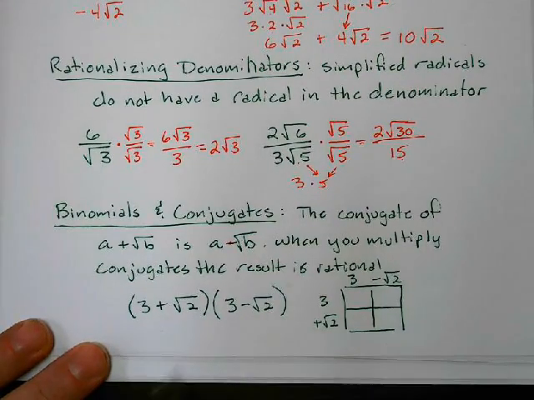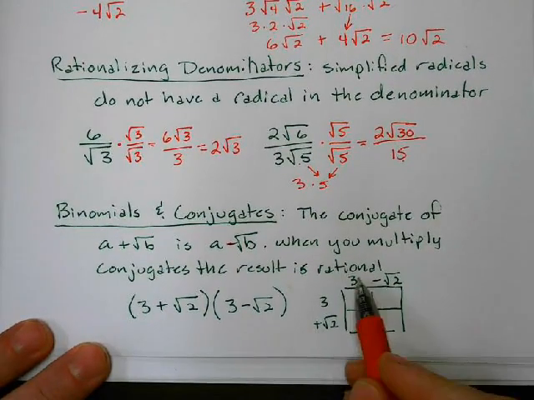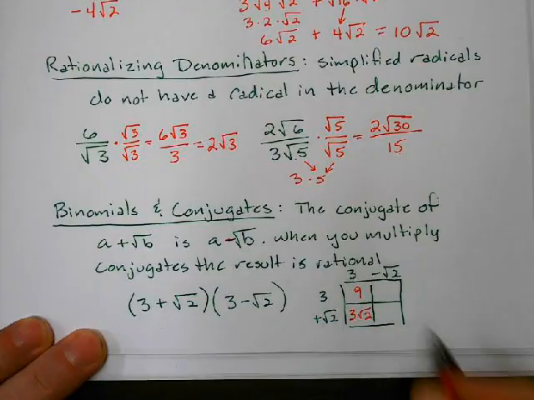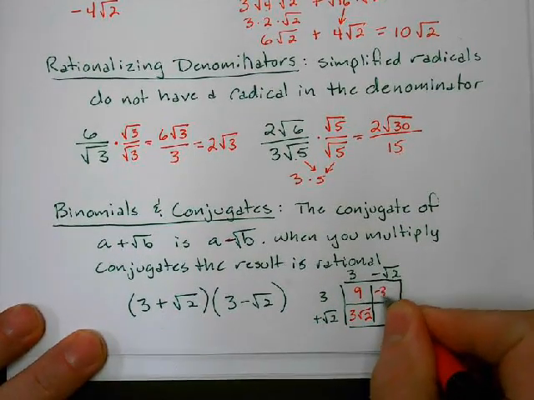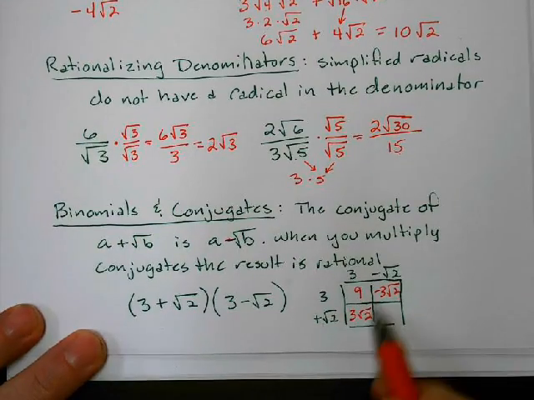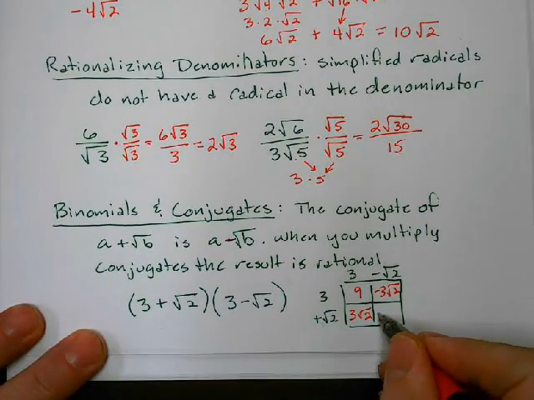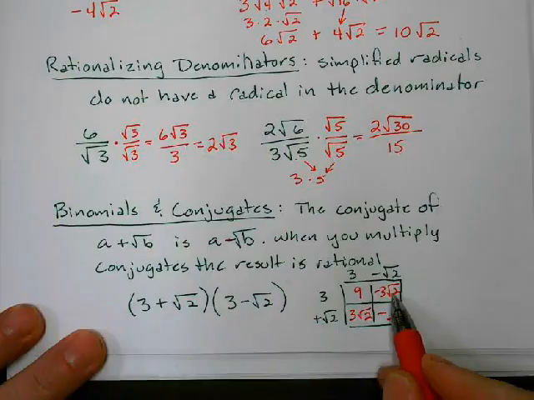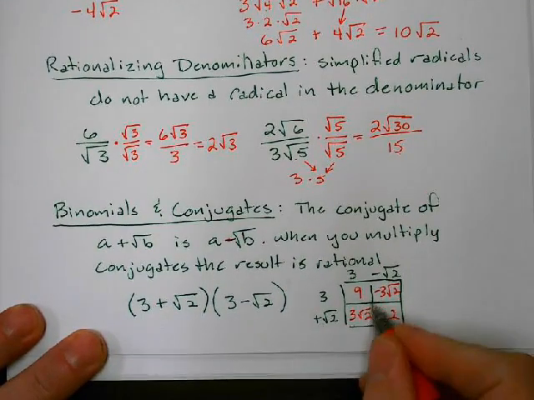All right, 3 times 3, it's 9. 3 times root 2, it's 3 root 2. 3 times negative root 2 would be negative 3 root 2. And then root 2 times root 2 is 2, and there's a negative here, so that would be negative 2. And what I notice is the diagonal here, the 3 root 2 and the negative 3 root 2, have canceled each other out.